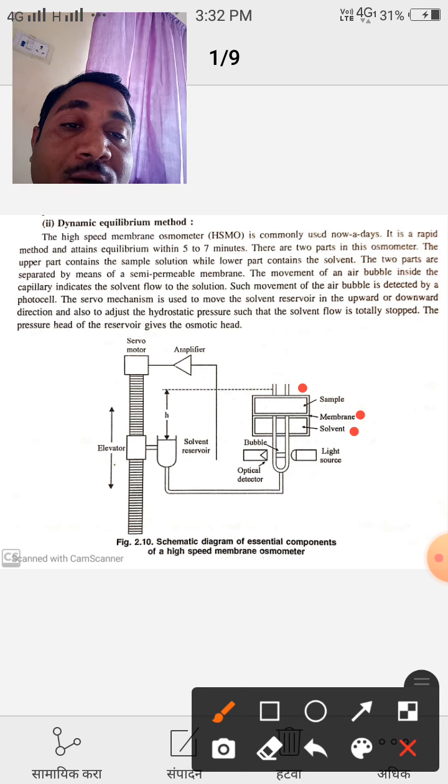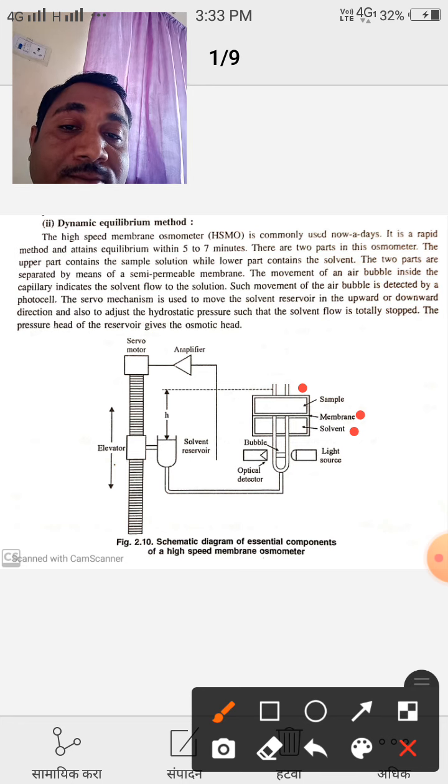The movement of an air bubble inside the capillary indicates the solvent flow into the solution. Such a movement of the air bubble is detected by a photocell.